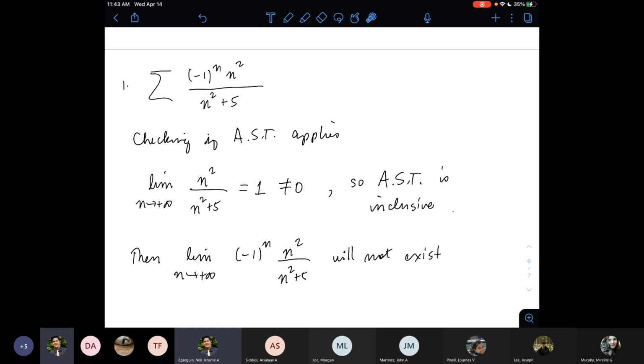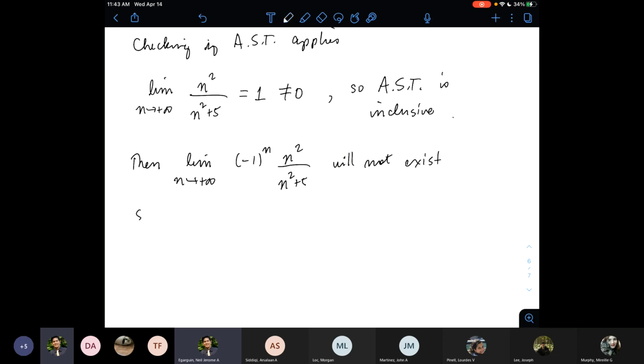So in this sequence, the terms will just oscillate between plus and minus 1, because this factor will go to 1 in the long run. If you throw in the alternating sign, the terms become -1, +1, -1, +1, and so on. So in the long run, this limit will not exist. So the series is divergent by the BDT, the basic divergence test.